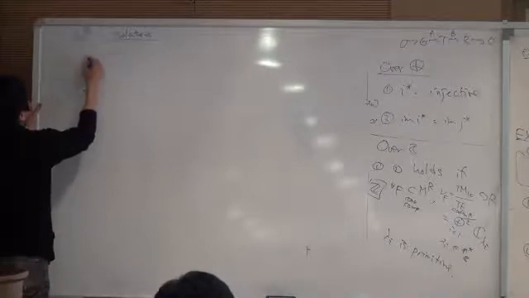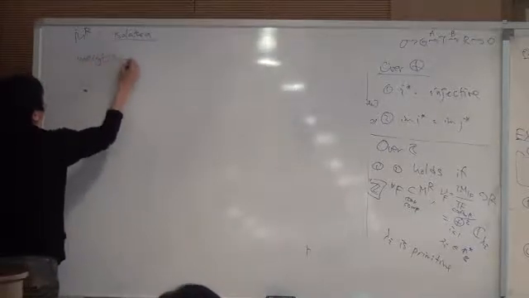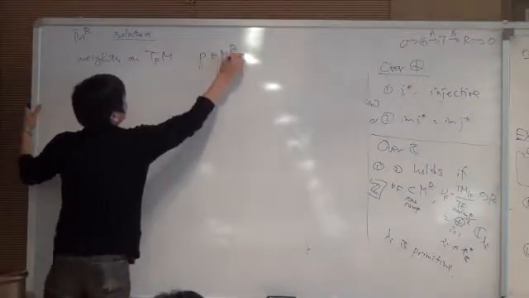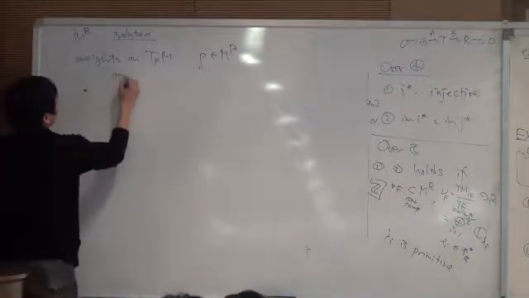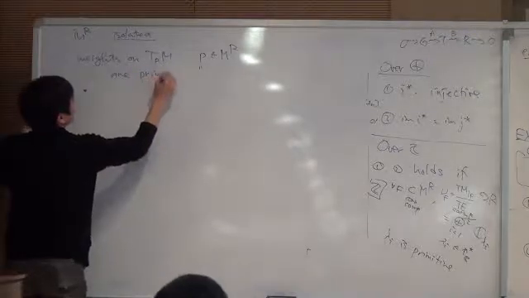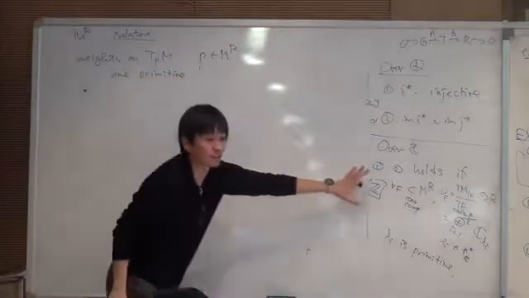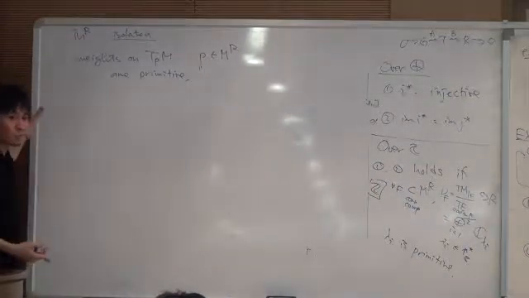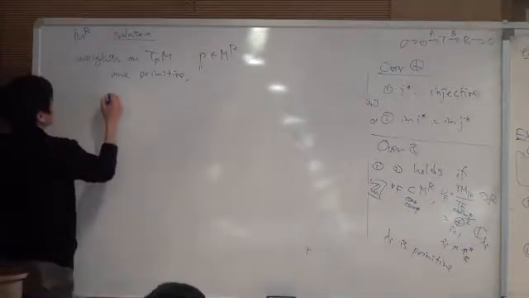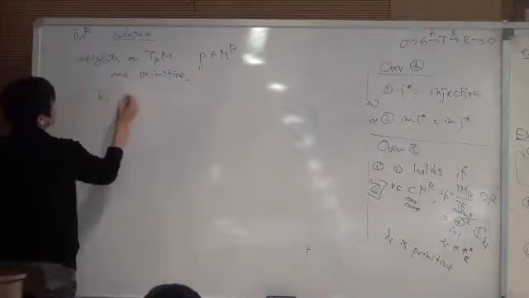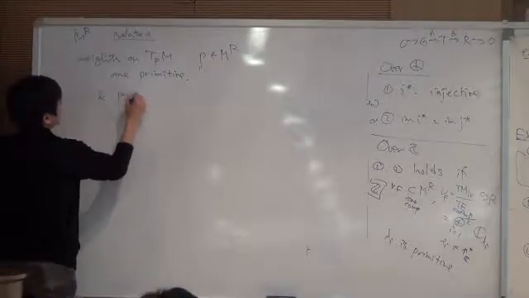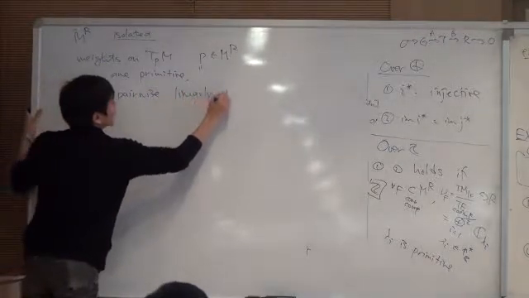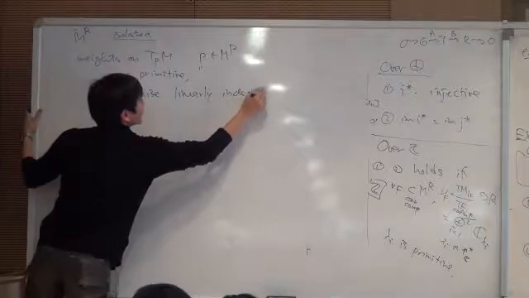So the weights on T_P M, where P is one of the isolated fixed points, are primitive. Yeah, that makes sure that the theorem works over Z. And actually, to have a nice picture, I want to assume this: the weights are primitive and pairwise linearly independent.